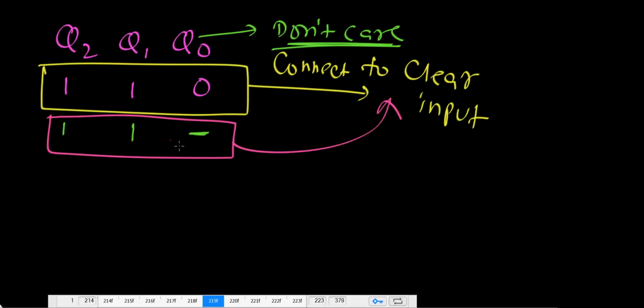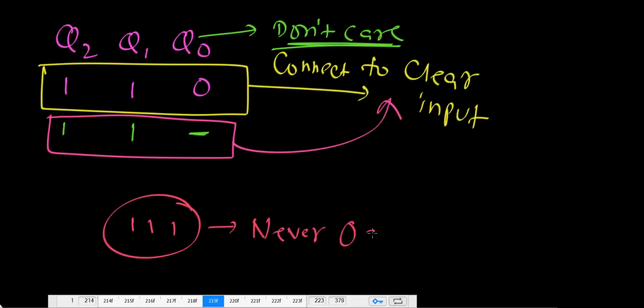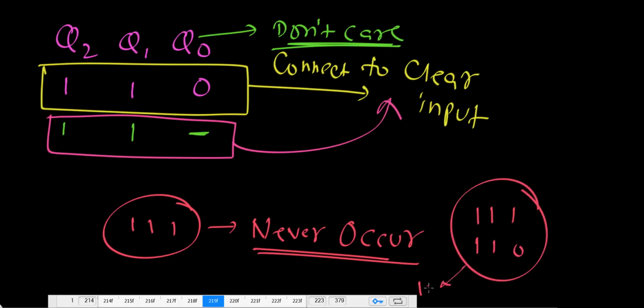Yes or no? Because 111 never occurs. 111 never occurs. So 111 and 110 combined make 11. So I can say this is a don't care.